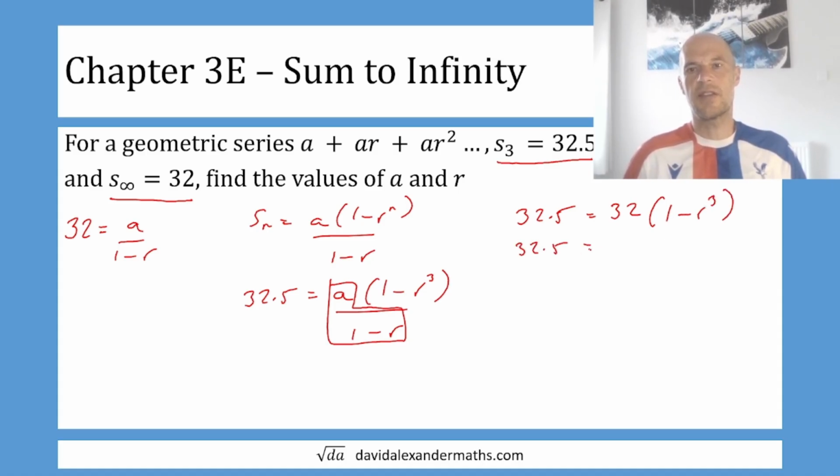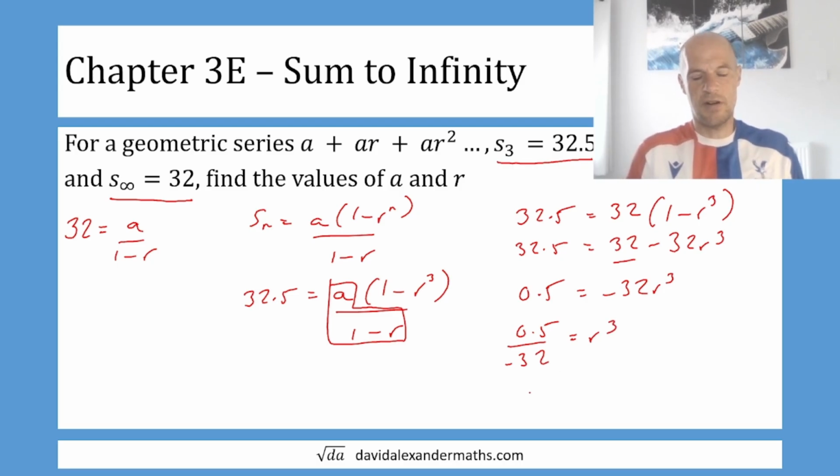So 32.5 is 32 take away 32 r cubed. I'm going to subtract 32 from both sides. So 0.5 is negative 32 r cubed. So 0.5 divided by negative 32 is r cubed. So 0.5 divided by 32 is 1 over 64, or minus 1 over 64.